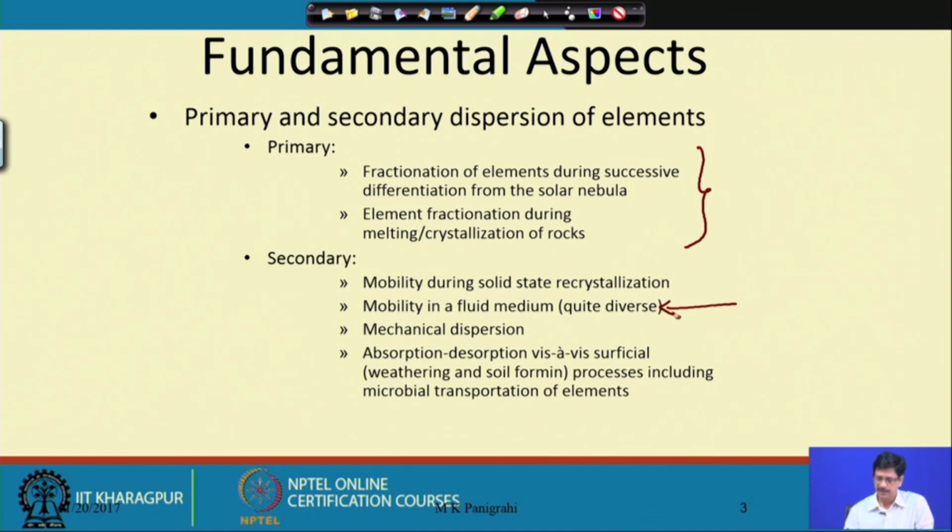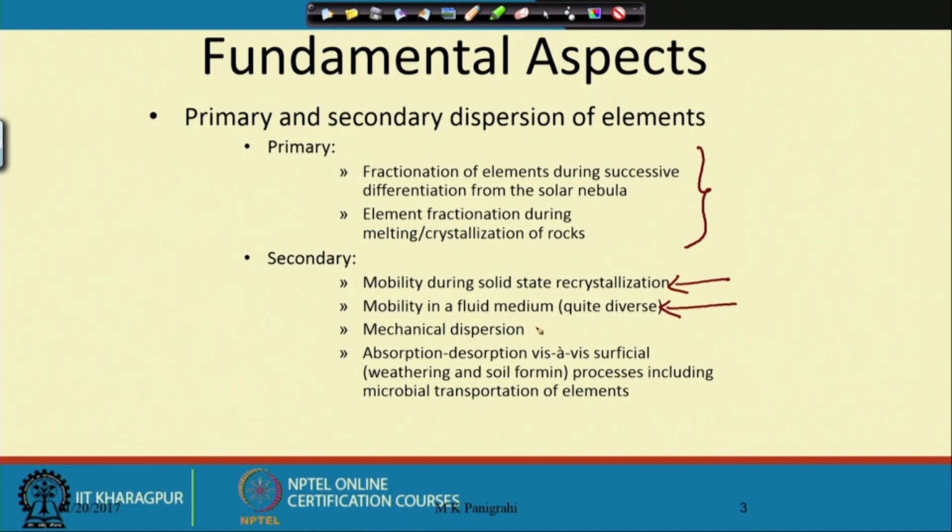Mobility during solid state recrystallization can take place during the metamorphism of an existing ore body, or there are some ideas coming up that even an already formed sulphide ore body could possibly undergo some amount of melting, but how efficient that process is in redistributing or further enriching the ore bodies is not very well constrained as of now.